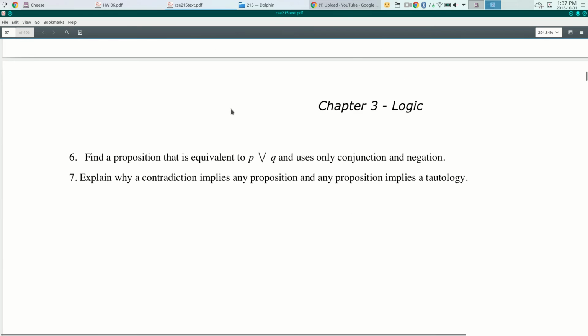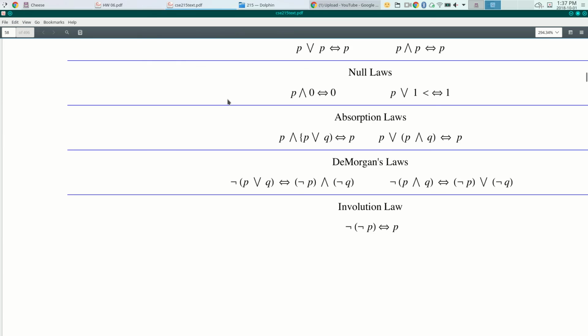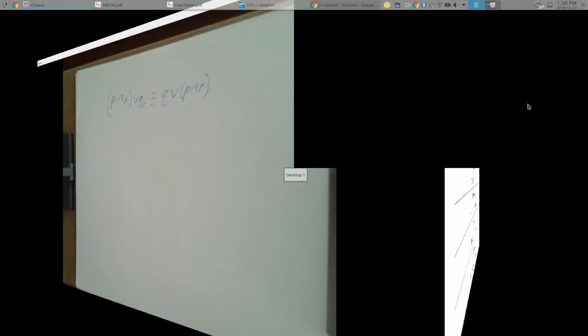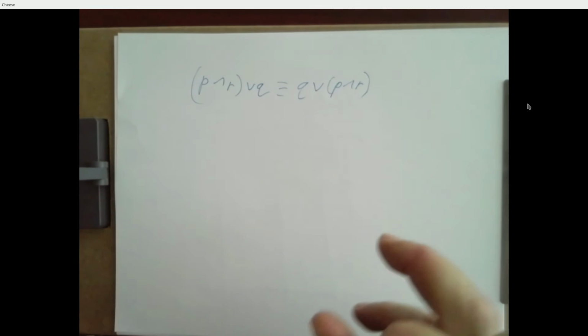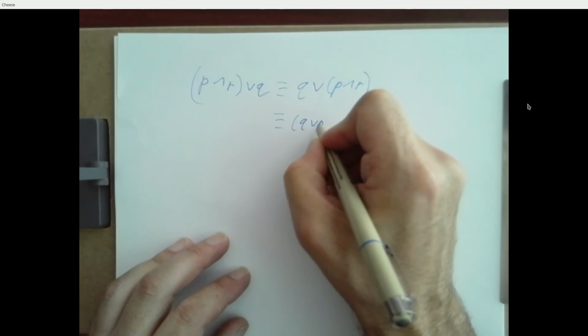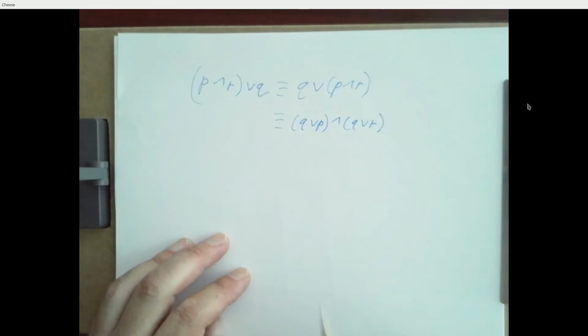And once we've switched around the order, now we have this thing distribution, which says if we have something ORed with an AND of two things, we can distribute that OR across the two terms. So this would be logically equivalent to Q or P ANDed with Q or R.